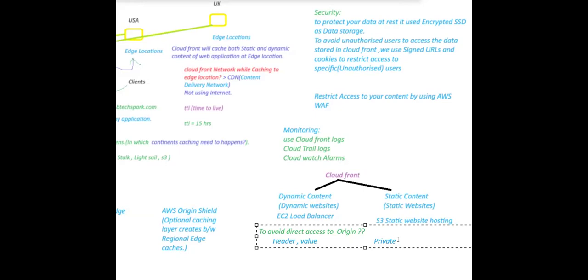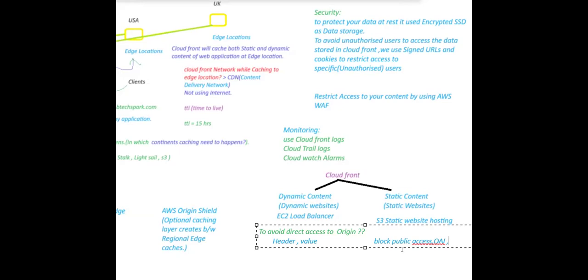That means we block public access. Then we provide OAI, origin access identity, while creating this CloudFront distribution.